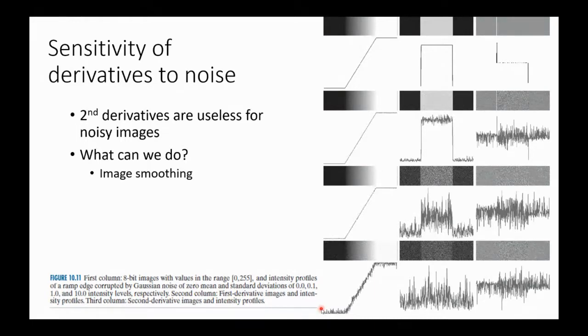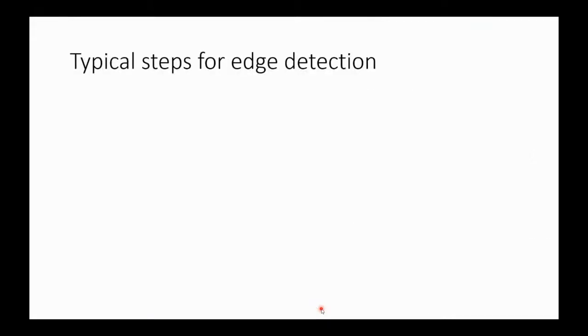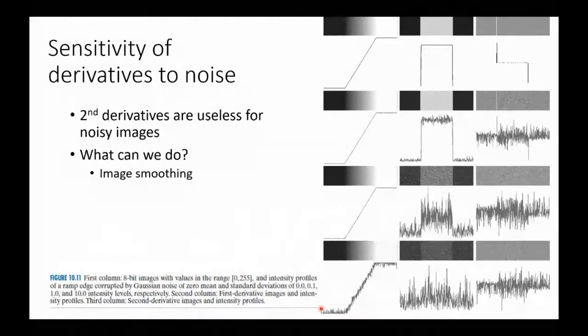You do smoothing. You pass a Gaussian filter and you smooth it out. Remember when we were talking about smoothing, I said, why would I want to blur the image?